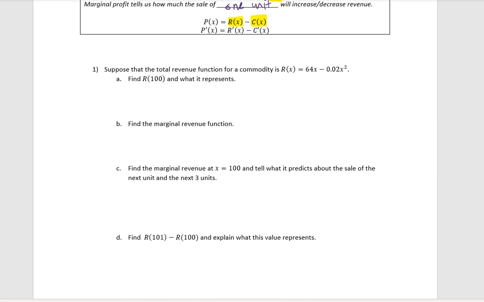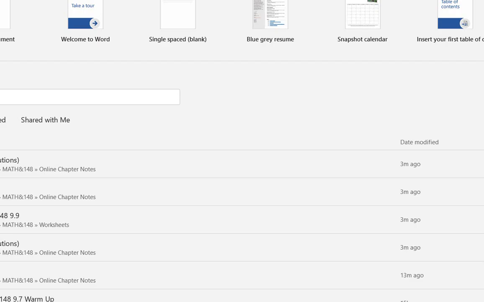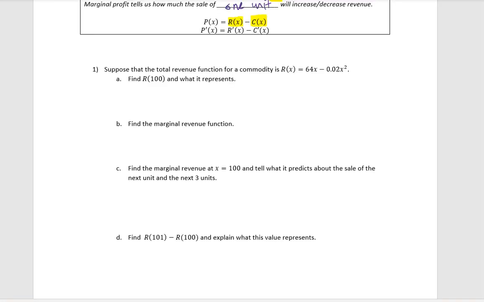So first off, suppose that the total revenue function for a commodity is R of X equals 64X minus 0.02X squared. What we want to do is find R of 100 and what it represents.